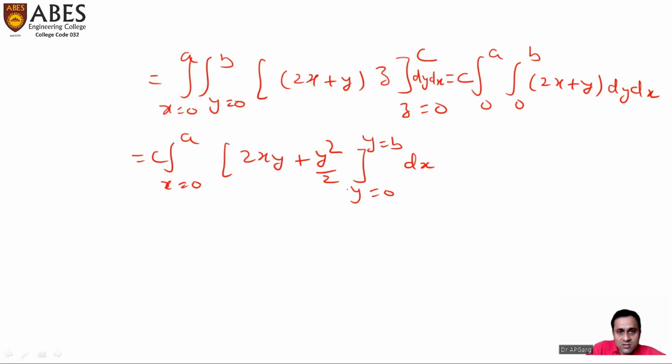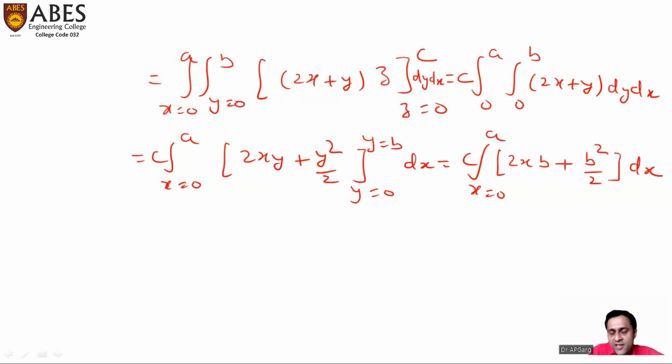So let us put the limits. We will get c, limit x equals 0 to a, upper limit minus lower limit for y, then it will be 2xb. Similarly, here we have b square by 2. Correct. And finally integrate with respect to x.